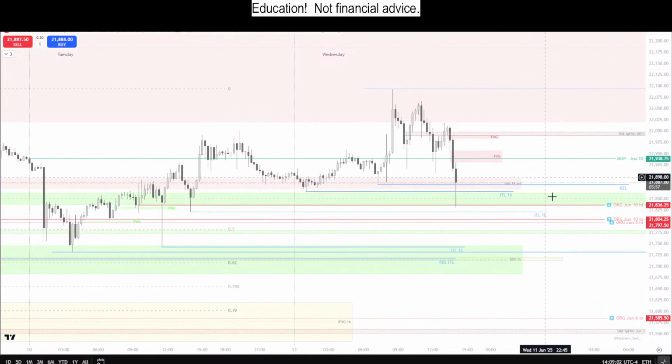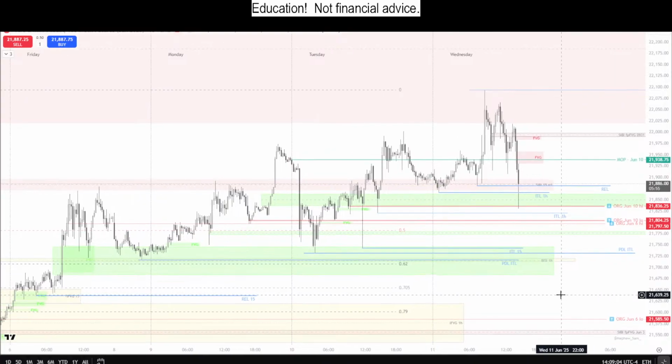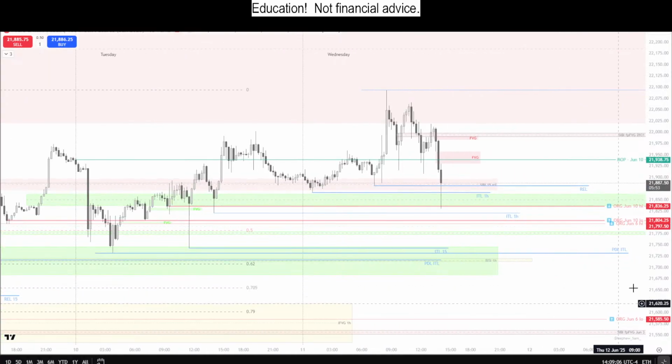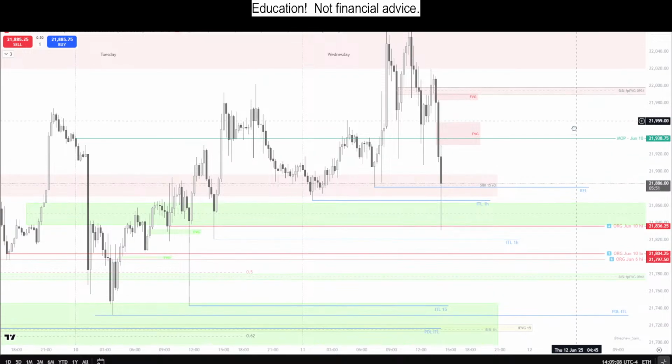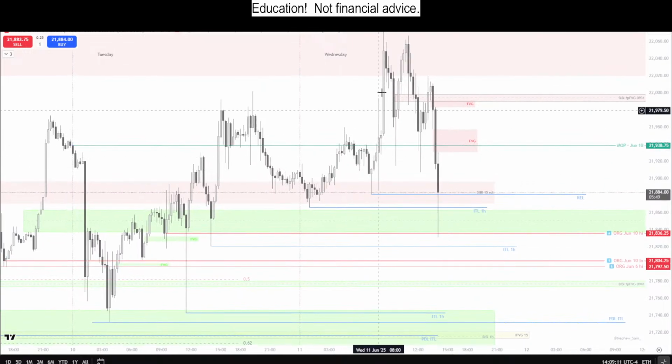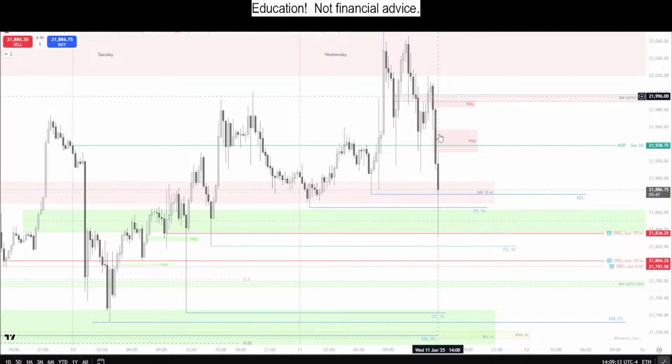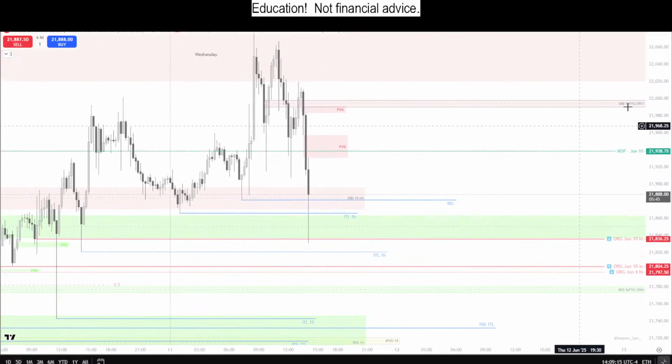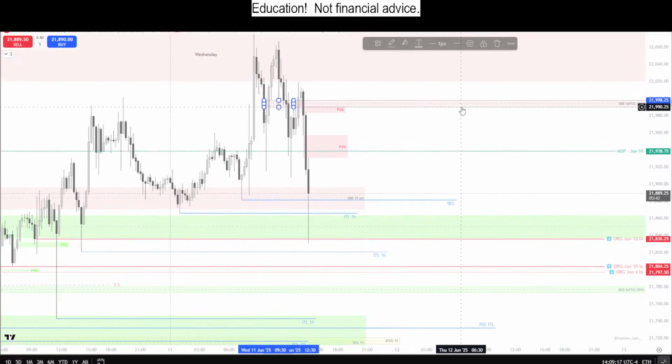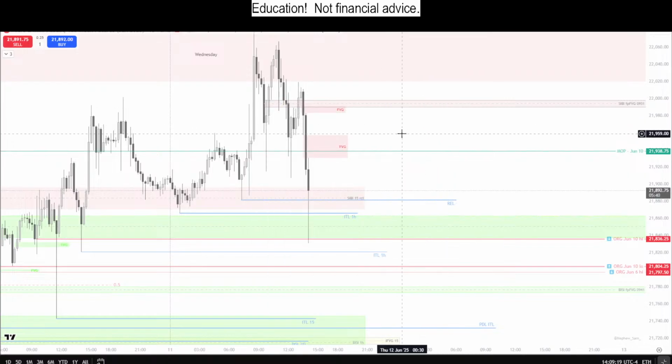I'm not going to put that down either. But previous opening range gaps are below us. That's definitely true. We have what certainly looks like some kind of balanced price range. Our first presented fair value gap of the morning session is above us.